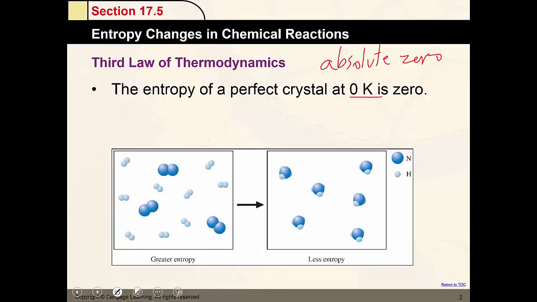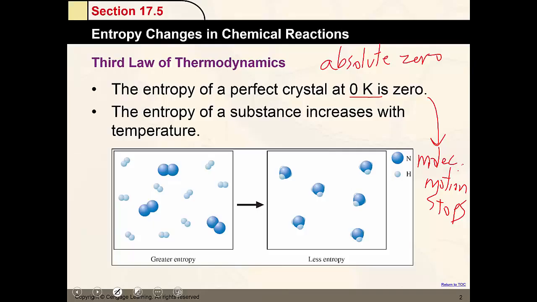The reason for that is that molecular motion completely stops. Okay, that means those particles are not moving at all. And in general, the entropy of a substance increases with temperature. And the reason for that is that at a higher temperature, those molecules are moving faster and faster, therefore they have more randomness and more disorder.